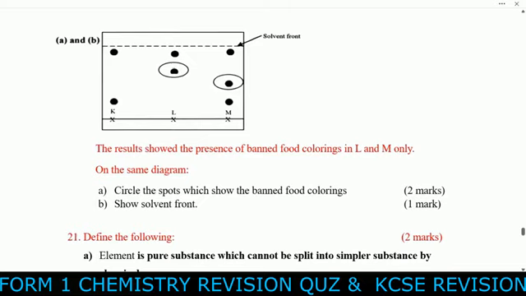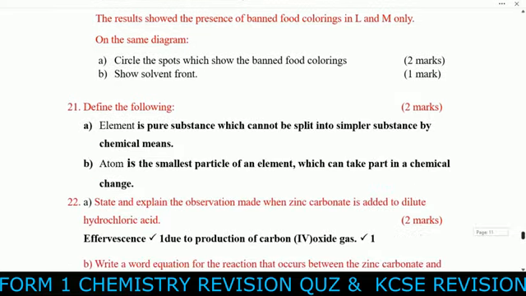Then you're told the result showed the presence of banned food coloring in L and M. Circle the spots which show the banned food coloring. You can see them here. The coloring is being circled here. Then show the solvent front. It is there. We have identified it there.